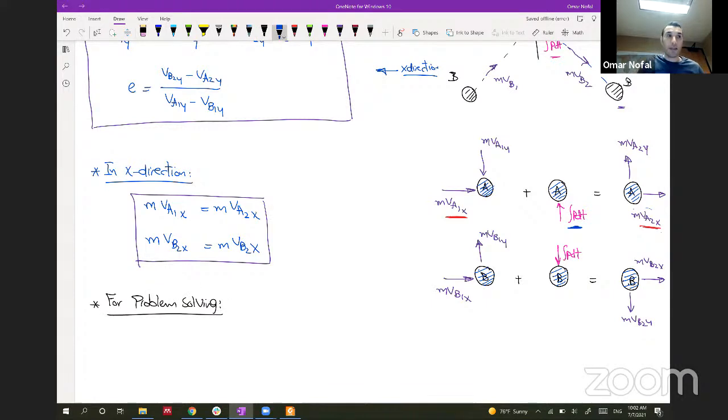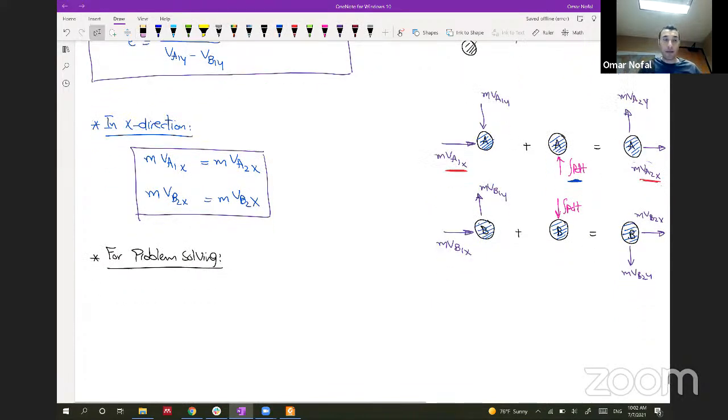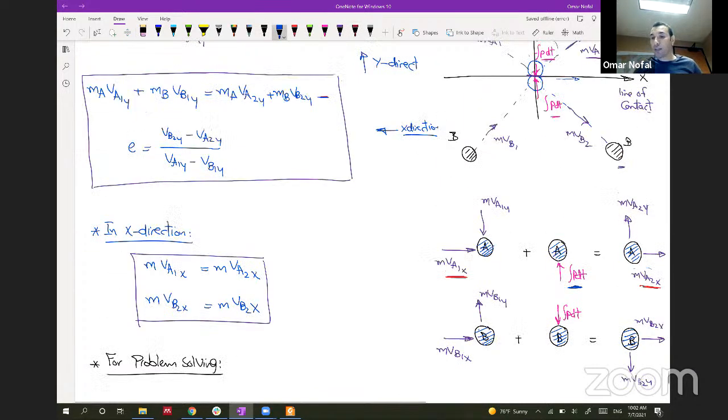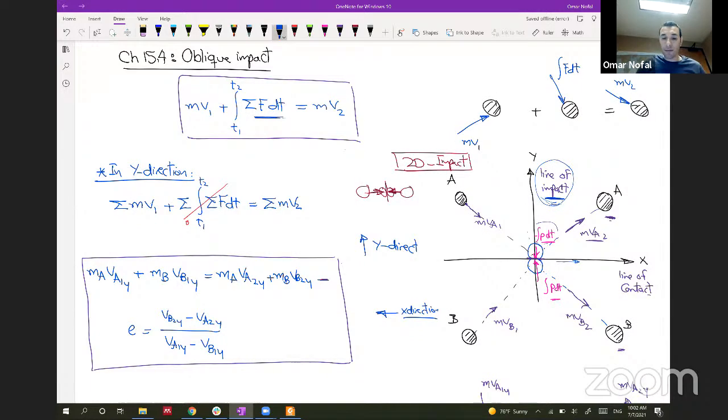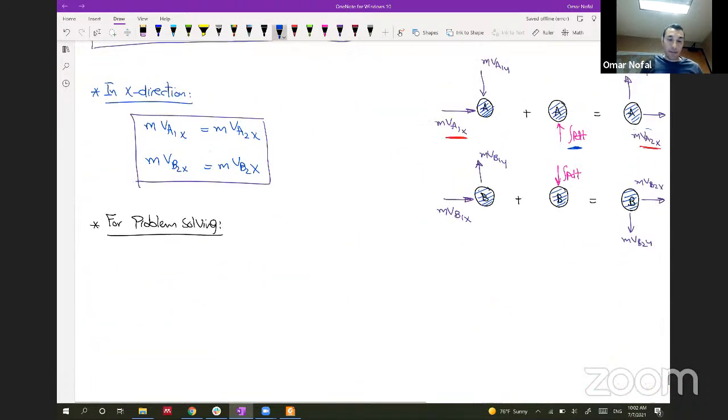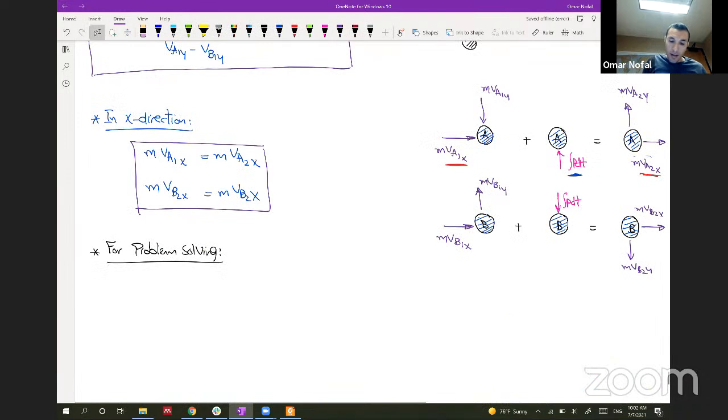For problem solving, the only equations that we have are the conservation of linear momentum in the direction of the line of impact. So the conservation of linear momentum only exists in the direction of the line of impact. So let's write them again.